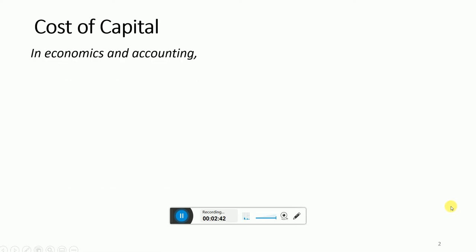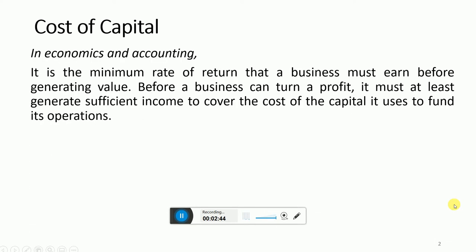In economics and accounting, it is the minimum rate of return that a business must earn before generating value. Like a project that has not been started yet, but what is the minimum return it will give back.